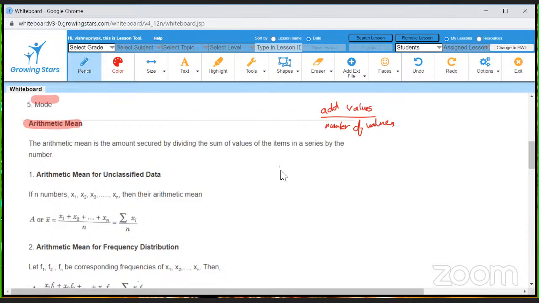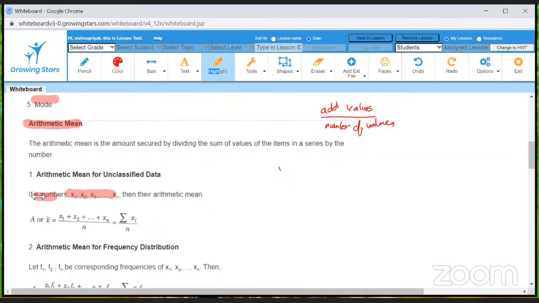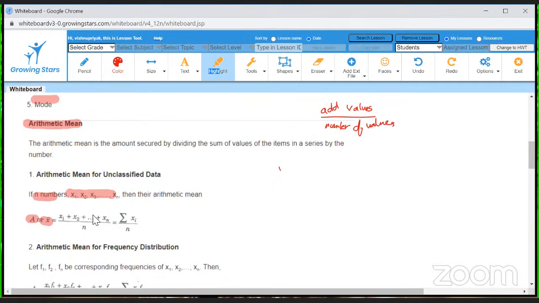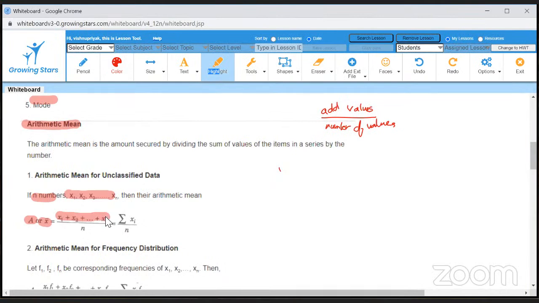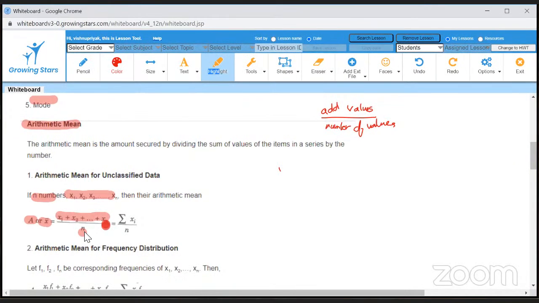Then in the list you will have x1, x2, x3 up to xn, n numbers. So to find the arithmetic mean A or x bar, you will add all the list numbers, and because total n terms are there, you divide by n.